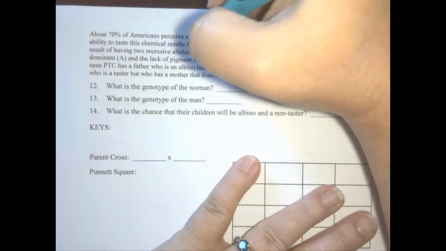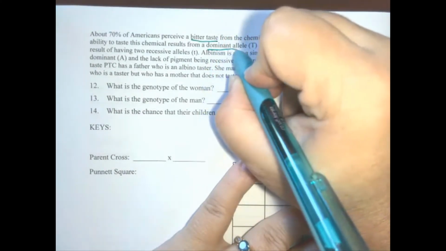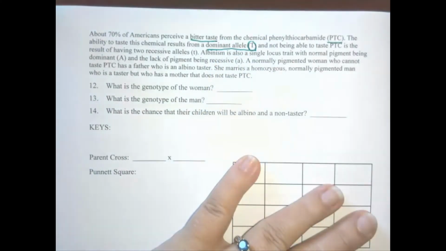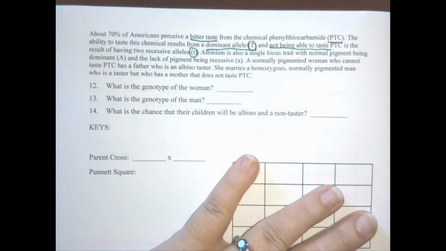All right, and so the bitter taste is going to end up being the dominant trait. So the dominant is that you taste it, and we're going to mark that with a big T. Not tasting it is going to be the recessive with the little t. Okay, and so we're going to look at tasting first there.